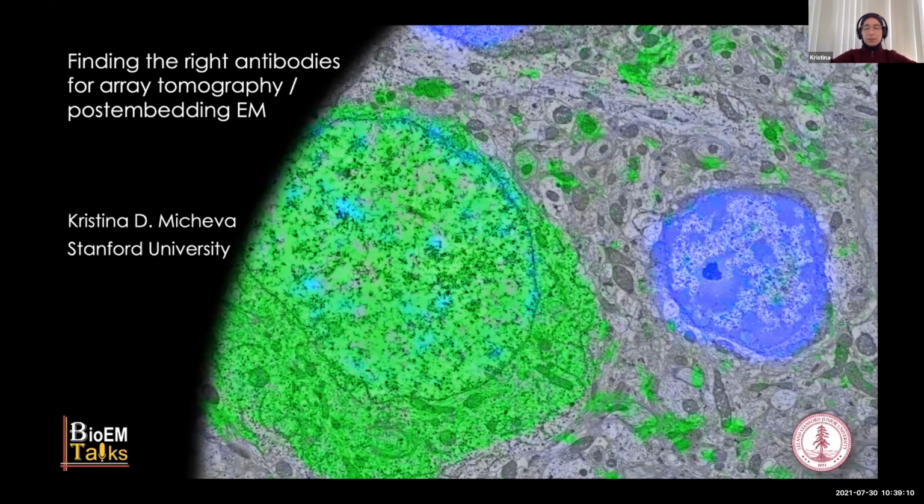We use array tomography, which is basically one variant of post-embedding EM. So looking for antibodies for array tomography also has the side benefit of finding antibodies that generally would work for other applications of post-embedding electron microscopy.